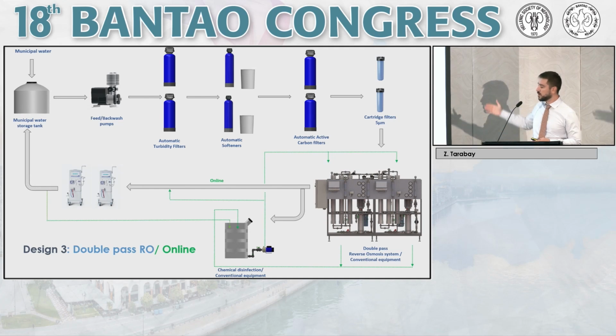So that if one RO fails, automatically and immediately the other RO takes effect and sends the required water online. It is not to ultra-pure standard, but it's still within the international limits. So it's an online system. However, the only setback here is that the disinfection of the RO system and the distribution ring was done with chemicals.